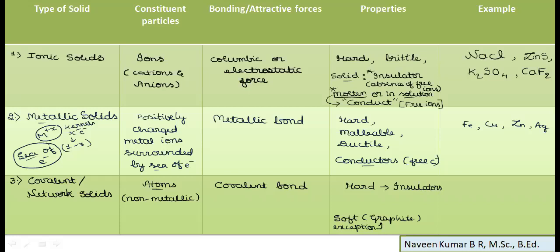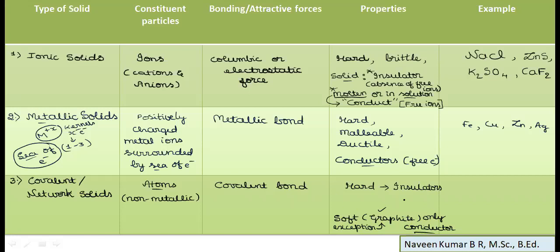with the same soft nature of the covalent solid, graphite. So graphite is the only conductor of covalent solids. It's the only example of a covalent solid which is conducting in nature.